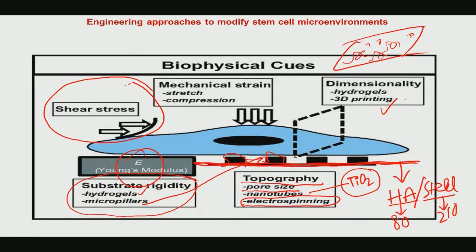It can be stretching, like tensile strain, or it can also be compression strain. Under these mechanical strain conditions, mesenchymal stem cells can also undergo differentiation. So, I am trying to explain the different scenarios and possibilities of how biophysical cues can act on stem cells to guide them to differentiate into different lineages.